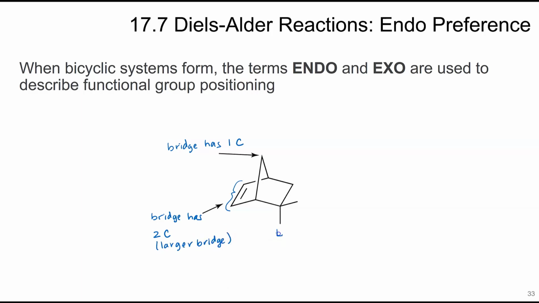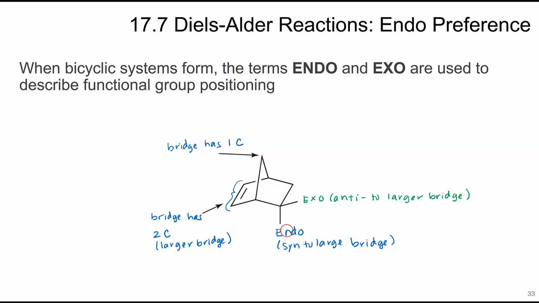The endo product has the groups that are syn to the larger bridge. This one is exo, this is anti to the bigger bridge. So the endo product has the groups on the same side as the larger bridge.